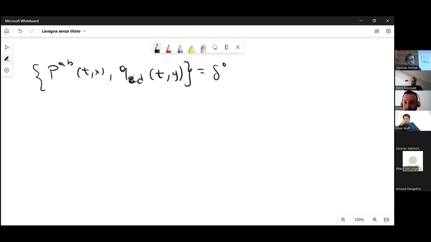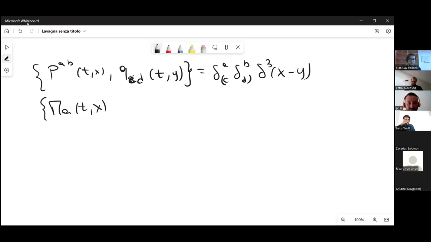And this is the symmetrization of this CD, which corresponds to the symmetrization of also AB, and of course the Dirac delta at different points. Then we have also the other conjugate variables.